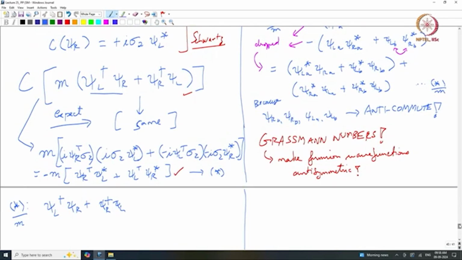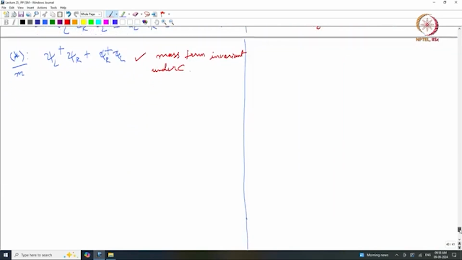Agreed? So now I have psi L star psi R. So I am basically hitting the psi R with psi L dagger, that is what it means. See, we recovered the mass term. This was the mass term we began with, and then we ended up with the same mass term. So the mass term is invariant under charge conjugation. Excellent.